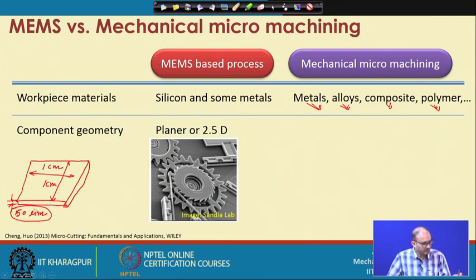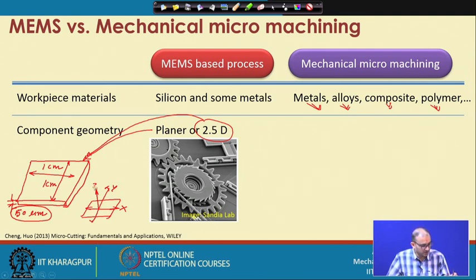So, basically the thickness is mostly neglected. Even though there is a little thickness, generally you can call this a planar surface, or a 2.5D surface, because you have a 2D surface, this is the y direction, this is the x direction, but the z direction has a very small thickness.